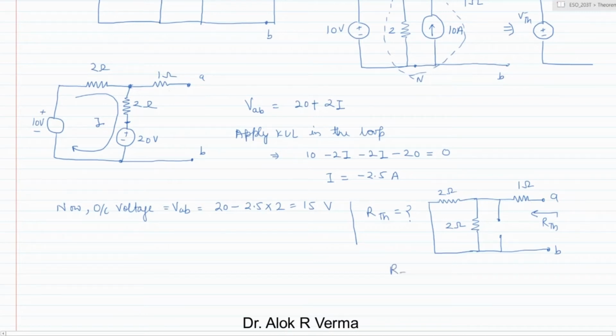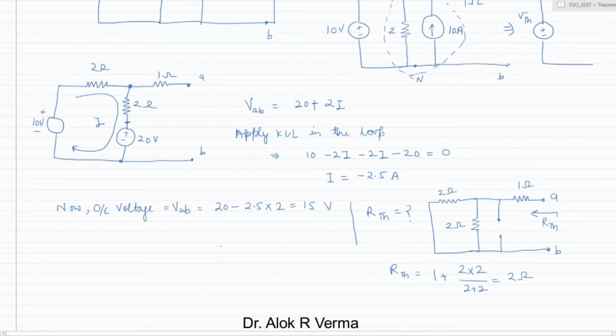So RTH will be coming out as 1 plus 2 cross 2 by 2 plus 2, which is nothing but 2 ohm. So RTH is 2 ohm in this case.